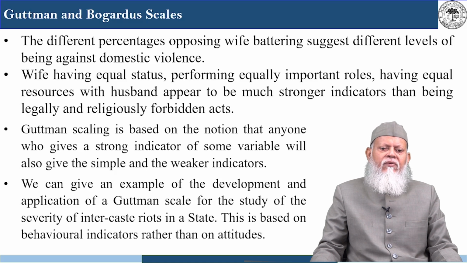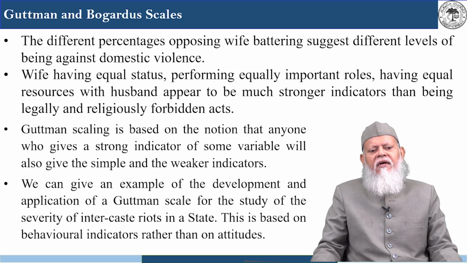Wife having equal status, performing equally important roles, having equal resources with the husband appear to be much stronger indicators than being legally and religiously forbidden acts. So, questions 4 and 5 were the simplest questions.